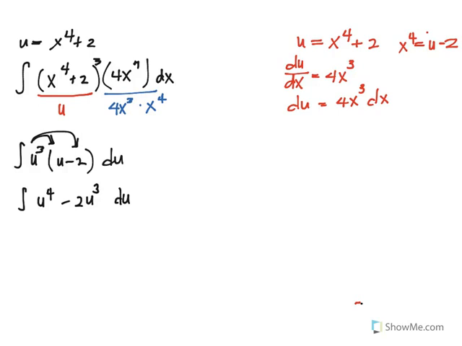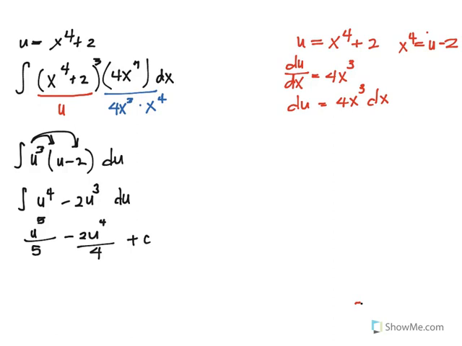So, follow standard integration. This will be u to the power of 4 plus 1, which is 5, and then divide by the power, which is 5, minus 2u to the power of 3 plus 1, which becomes 4, divided by 4, and then always remember to have your plus c, because it's an indefinite integral.